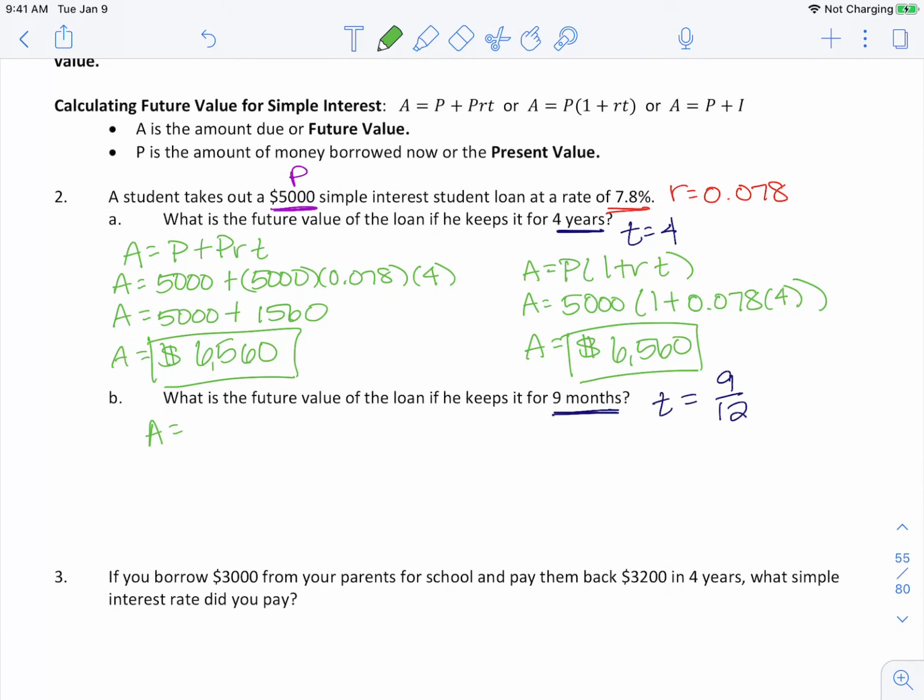Okay, so A is equal to, let's do 5,000 times 1 plus 0.078 times 9 over 12. And we get a future value of $5,292.50.